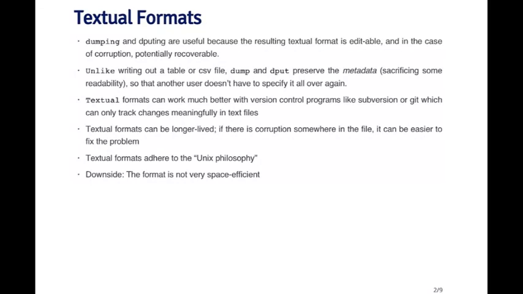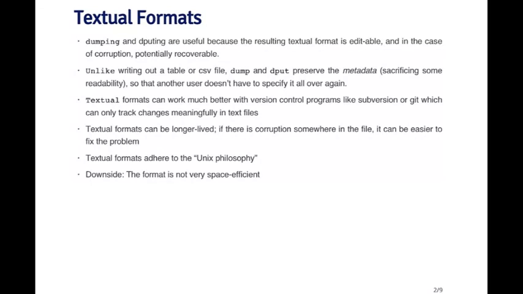So if you dump or dput a data frame, it will include in the output the class of each column of the data frame, so you don't have to specify it when you read it in. The advantage of this mechanism to store or read data is that it's still a textual format, which can be useful, but it also contains metadata, so you don't have to specify it every single time you read it in.